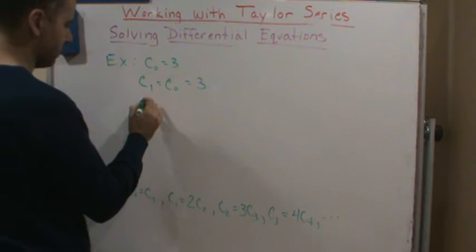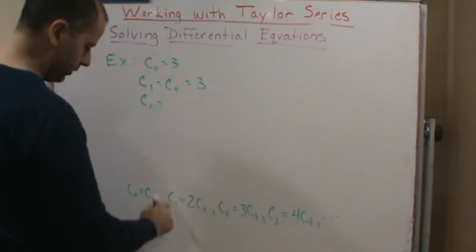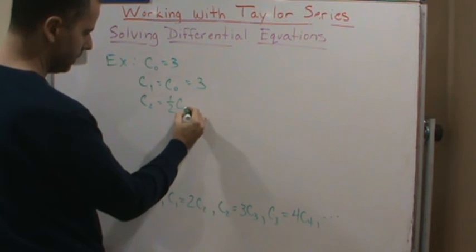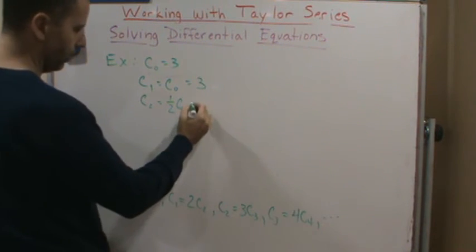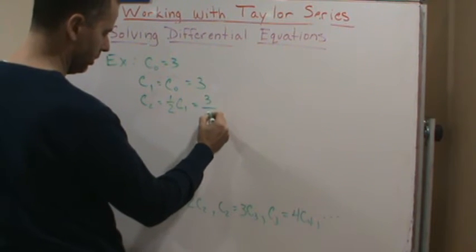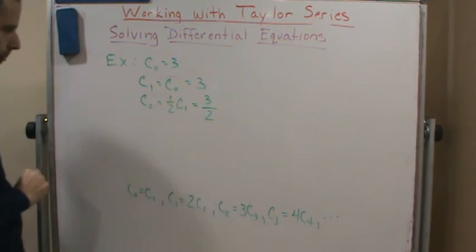And then c sub 2 equals what? c sub 2 equals 1/2 c sub 1, which equals 3 over 2.